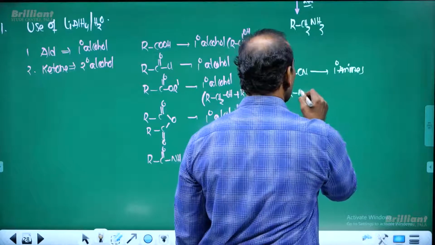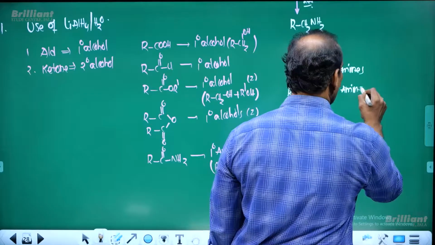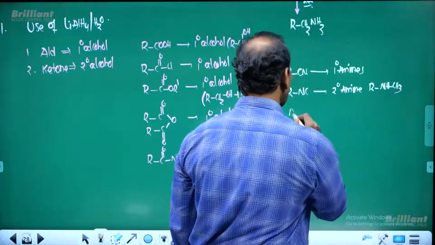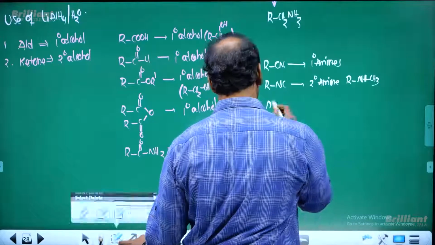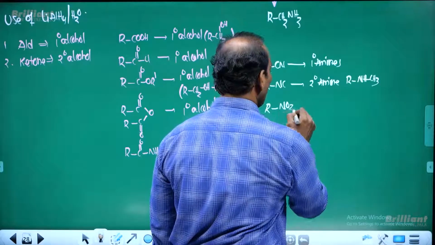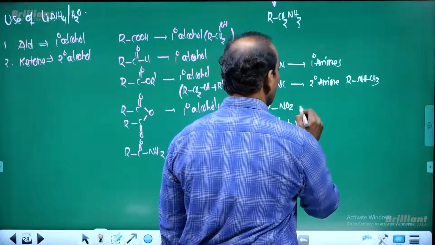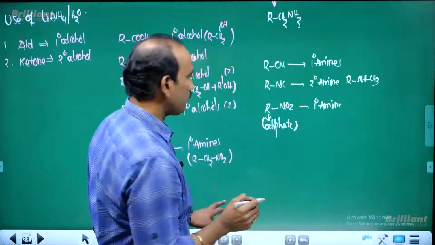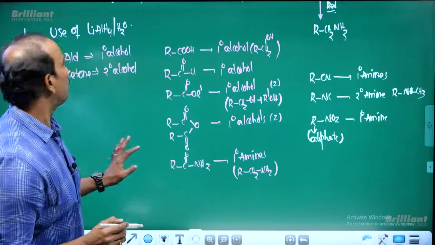Then R isocyanides give secondary amines, with one side compulsorily methyl. Next one, aliphatic RNO2 gives primary amines. Okay, na? Then it does not affect any other.